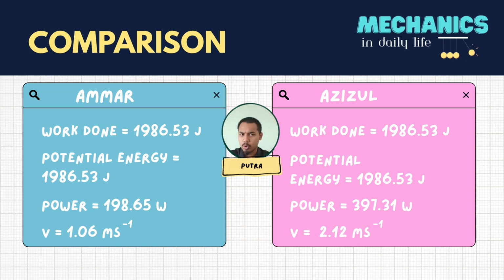Therefore, we can conclude that climbing the stairs faster does not increase the work done or the gravitational potential energy gain. Instead, it increases the power required because the same amount of work is completed in a shorter time. In other words, climbing faster does not require more mechanical energy, but it requires a higher rate of using that energy, which is known as power.